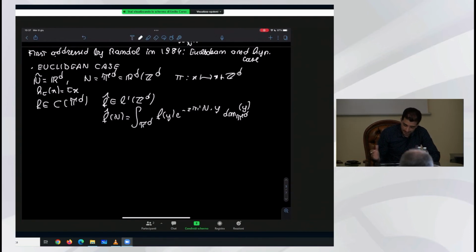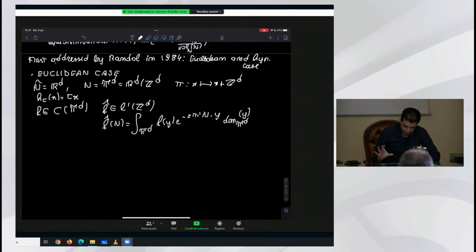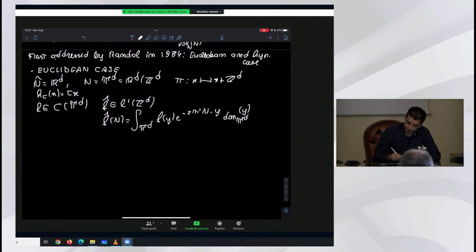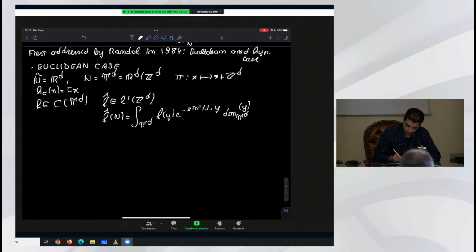So it becomes at this point a rather elementary exercise to compute the integral of f with respect to m_t, in terms of my starting measure mu. Of course, this integrability condition for the Fourier transform allows me to exchange integral and sum.